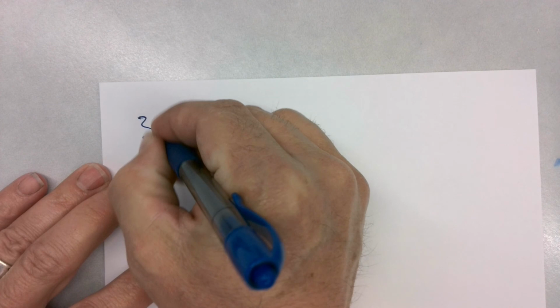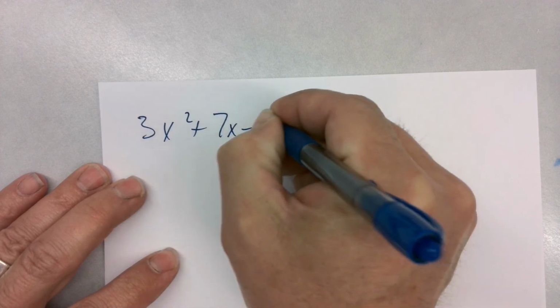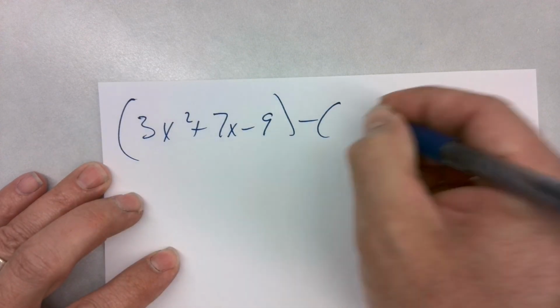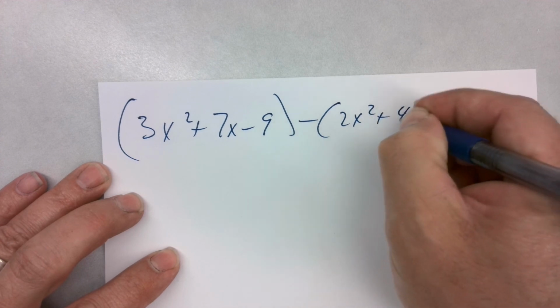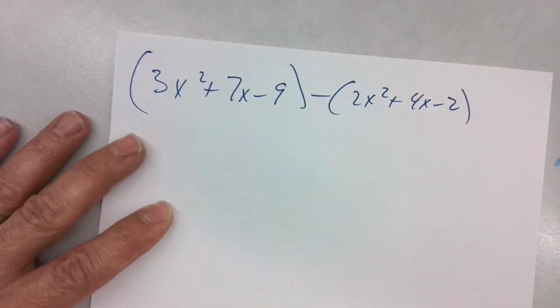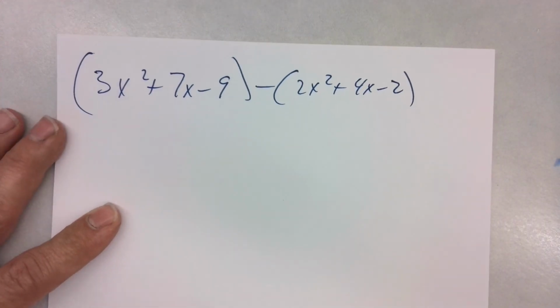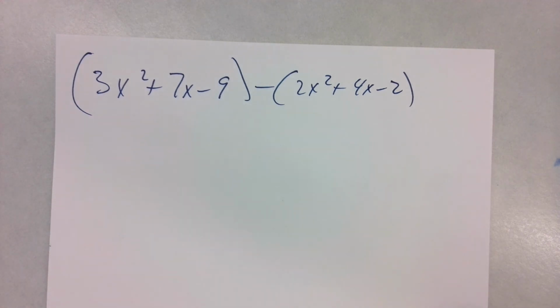Alrighty, so we probably ought to do this, and this is something I'm pretty sure I told you, but I never got a chance to say I told you so. But I did see this. Let's say I had 3x squared plus 7x minus 9 minus 2x squared plus 4x minus 2. What did some people do to this? Multiplication. They multiplied, right?